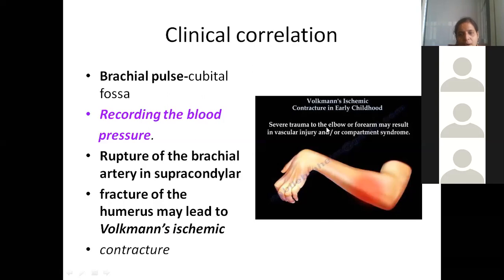Severe trauma to the elbow or forearm may result in damage to the brachial artery and radial and ulnar arteries, leading to contraction of the muscles, which is called Volkmann's ischemic contracture.